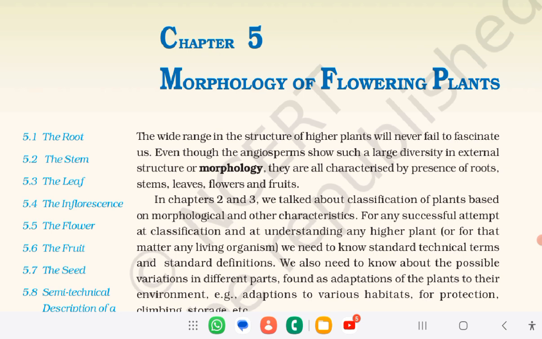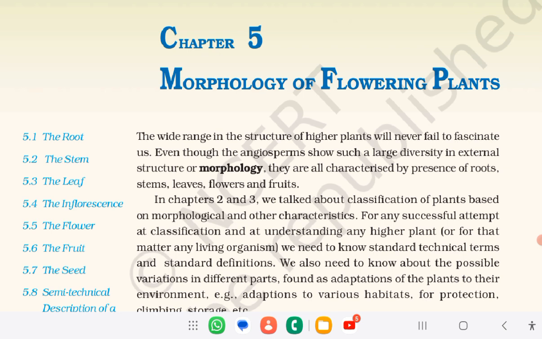In chapters 2 and 3, we talked about classification of plants based on morphological and other characteristics. For any successful attempt at classification and at understanding any higher plant, or for that matter any living organism, we need to know standard technical terms and standard definitions.